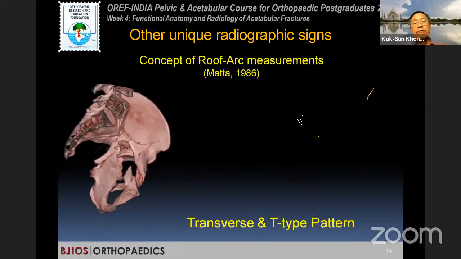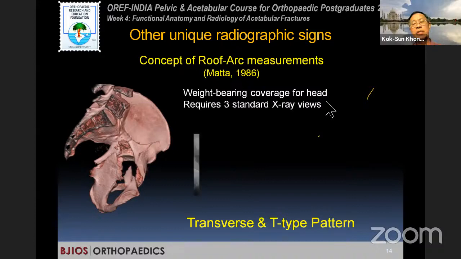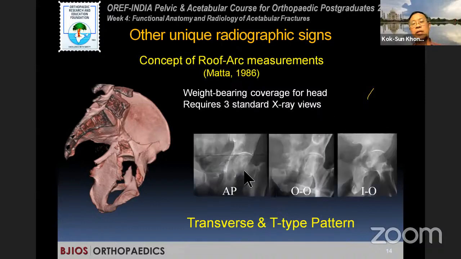Another unique radiographic sign is the concept of the roof arc measurement. If you have a fracture like this, a transverse type fracture with a T perhaps, you want to see how much of the dome's weight-bearing coverage is being preserved. So you require the AP, obturator oblique, and the iliac oblique views. And you draw something similar to what we call the CE angle for this location. We call it the roof arc, from the center to the fracture line.